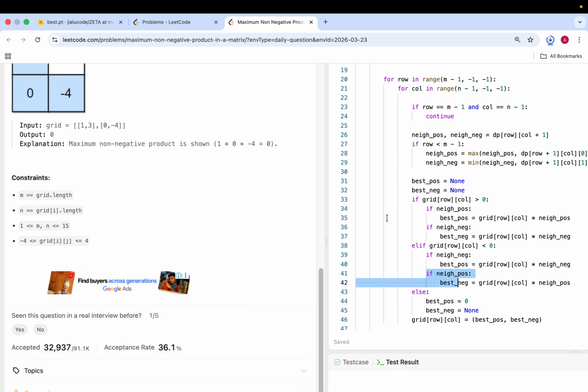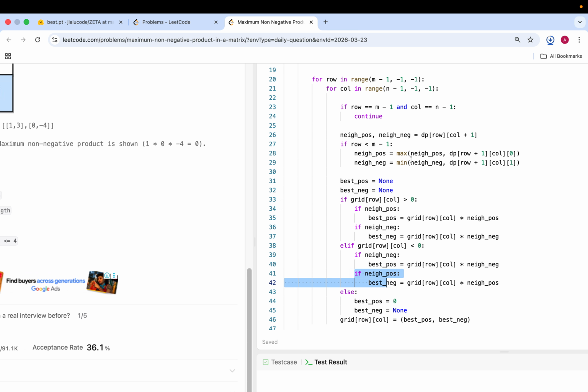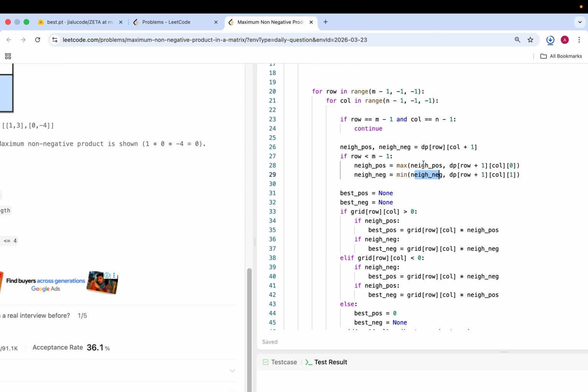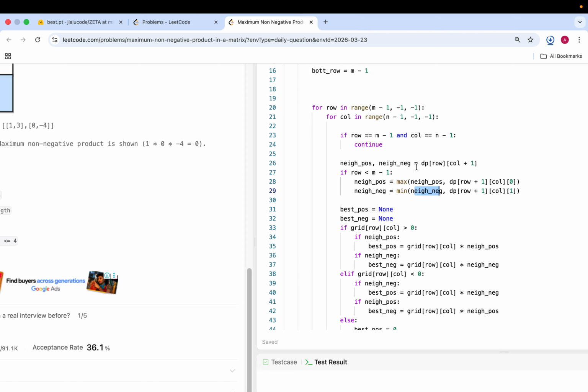Ooh, you know what could be the problem though? What happens if... Okay, wait. If neighbor positive is none, and then I try this, will this return an error? Because one of these could be none. In which case, if I do a max and min, there could be problems there, right? Do I have to be more specific?